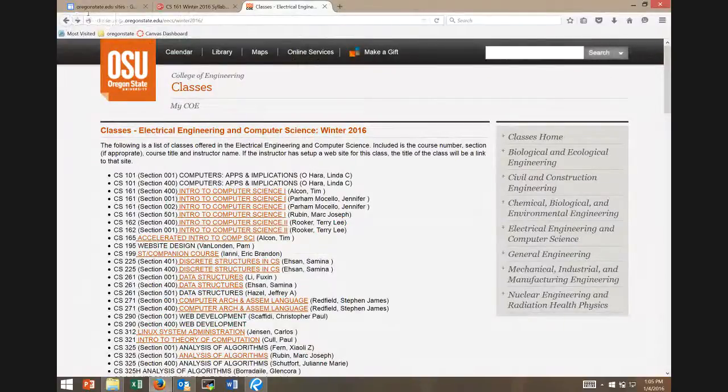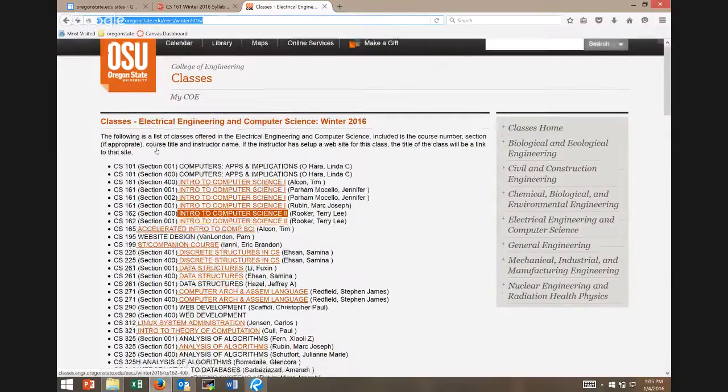First, what I'd like you to do is to bookmark classes.engr.oregon-state.edu/EECS/winter 2016. This will bring you to a page that has all of the CS and ECE courses and their corresponding web pages.